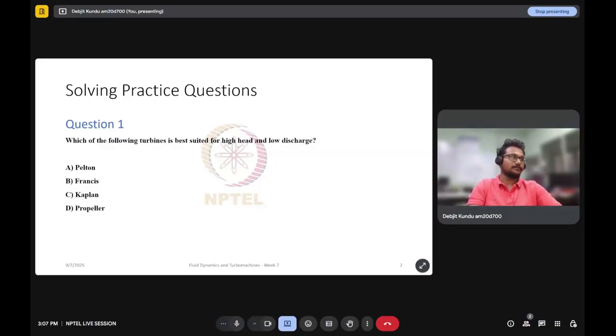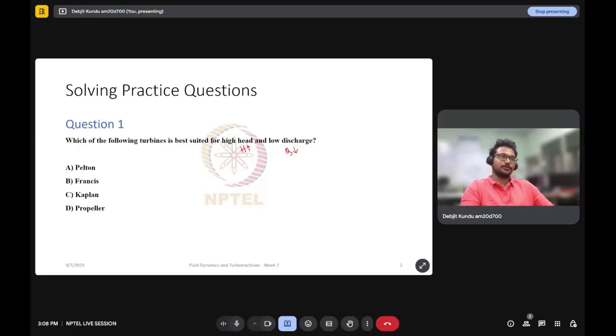So high head meaning the H available is high, but the flow rate is low. In that case, which type of turbine is best suited? Meaning, for this application, it would have a high efficiency. That's what is meant by best suited. Suitability is under these set of conditions, which turbine would have a high operational efficiency.